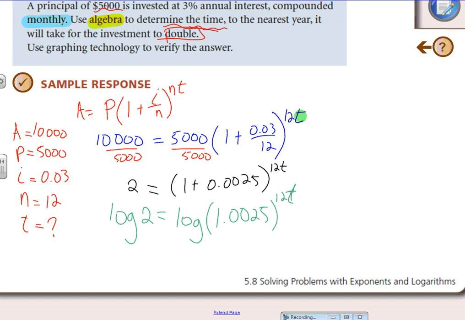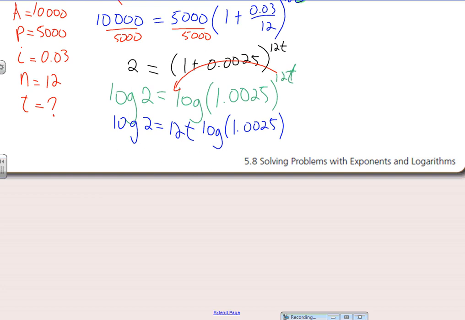Okay. Now we can bring down our exponent in front. Log 2 equals 12t log 1.0025. We're going to divide over 12 and divide over the log. So those two parts are really the coefficient in front of t.